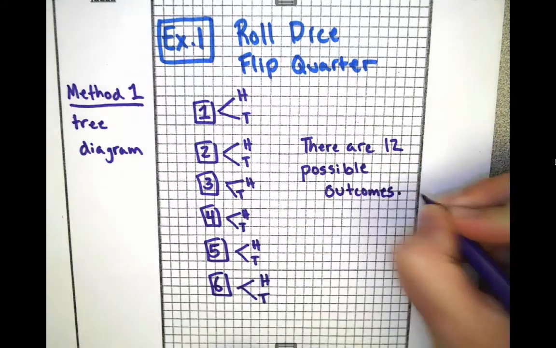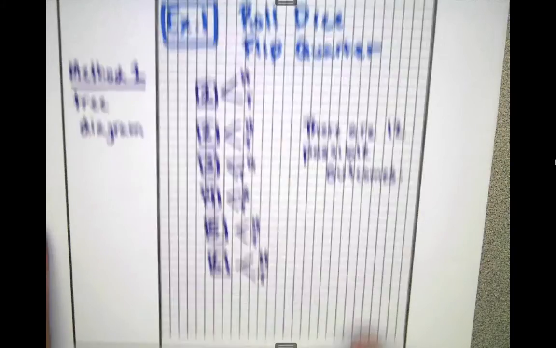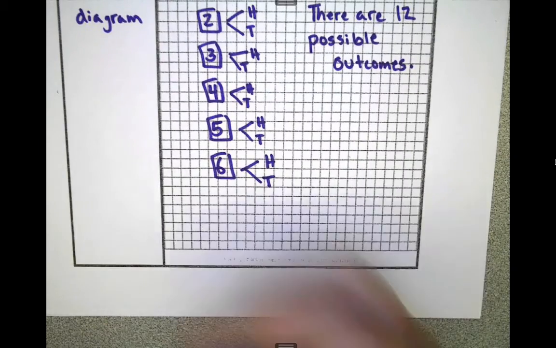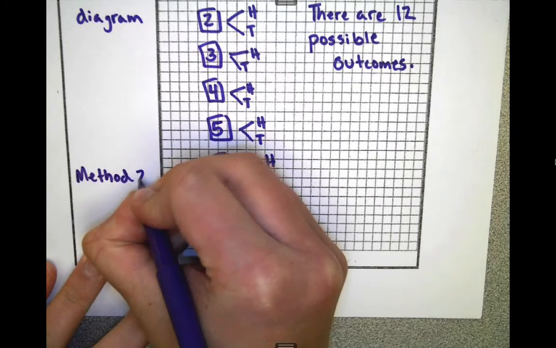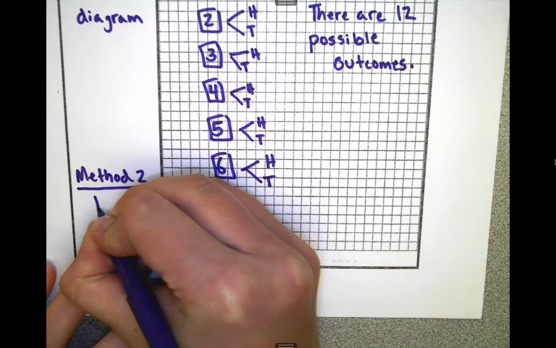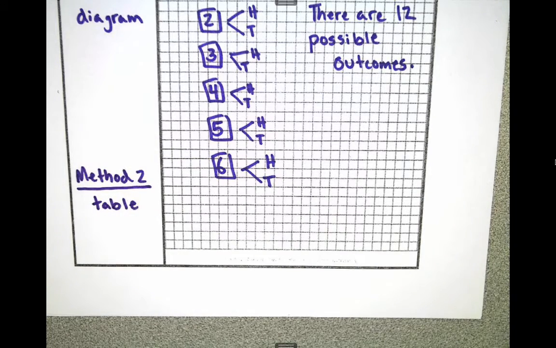Now that's method number 1. Method number 1 is just draw a picture, make a tree diagram, and I think it works really well actually, to be honest. But let me show you down at the bottom what method 2 is, because not everybody likes the tree diagram. So method number 2 to show my work would be, I could organize this just in a table. If you're not really into the tree diagram, then let's try a table instead.